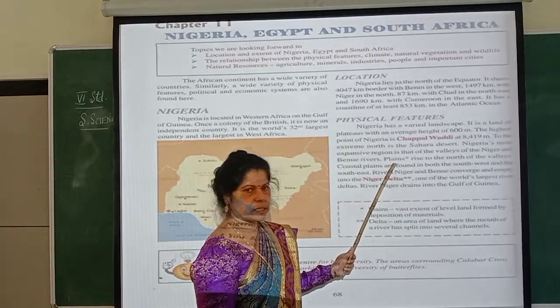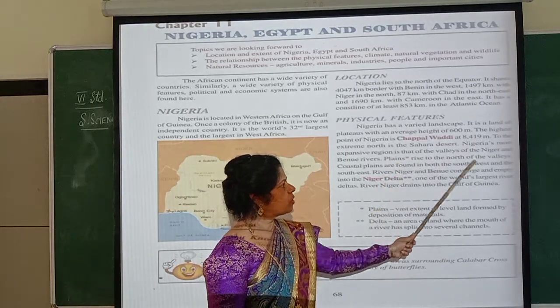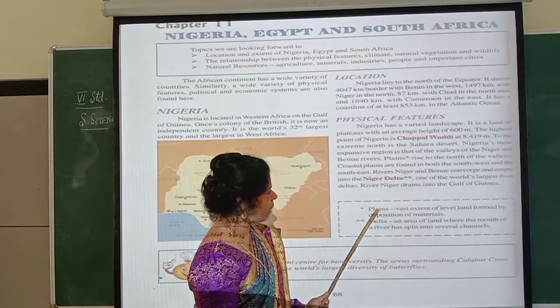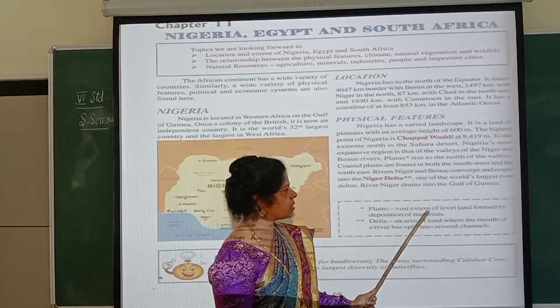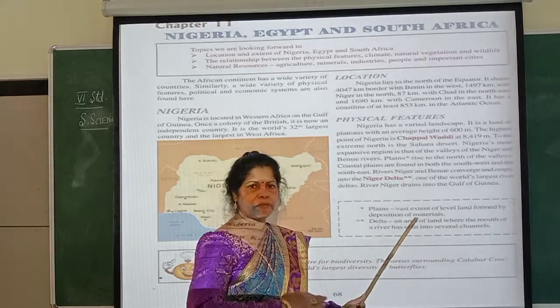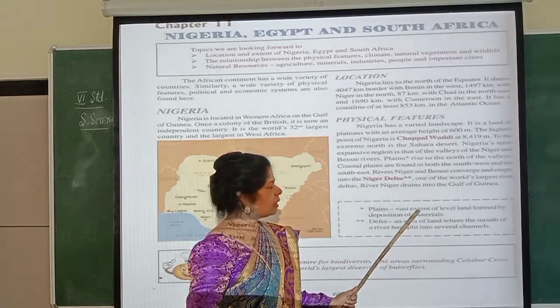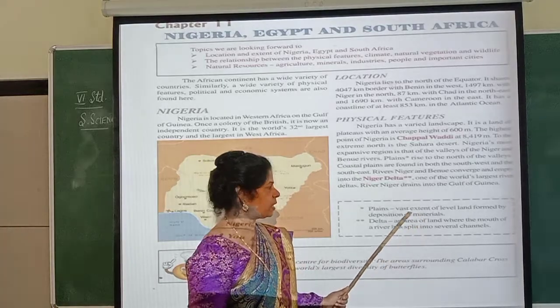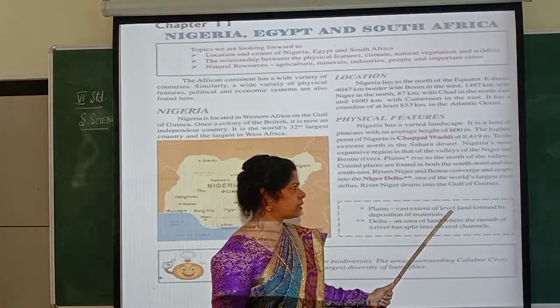Then plains. They rise to the north of the valleys. So what are plains here? They have explained here. Plains means a vast extent of level land formed by deposition of materials. It's a flat land, plain land. So it is deposition of materials. Many materials are present there, forming a vast extent of level land.